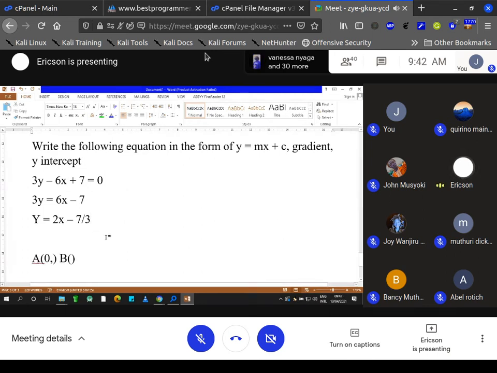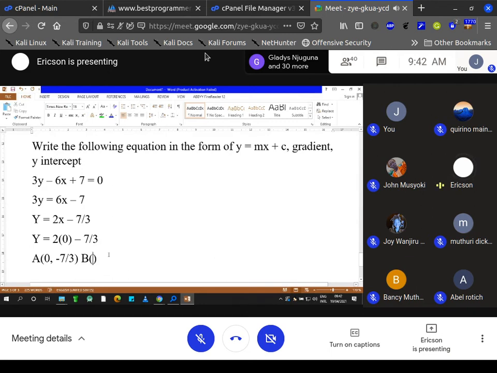For the first point, x is 0, so y equals 2 multiplied by 0, which is 0, minus 7 over 3, giving negative 7/3. Then we look for the next point.